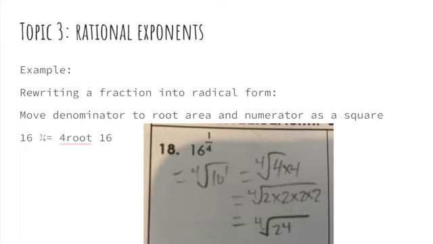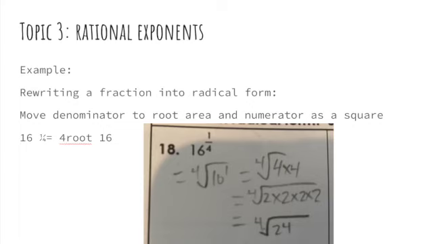You move the 4 to the left, and then you put a root there, and underneath the root you have the 16, and then the 1. But since 1 is just 1 itself, you don't have to write the 1 in this problem.